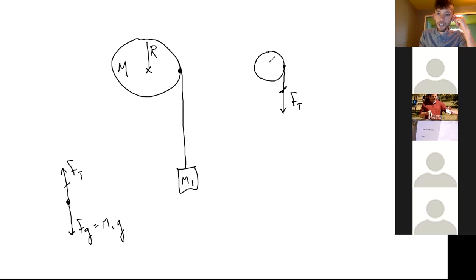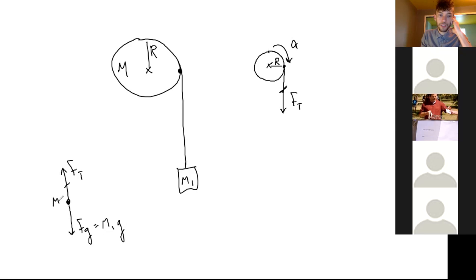This force of tension is located some distance r, the radius of the pulley, away from the axis of rotation of the pulley. So it meets the criteria to supply a torque to cause the pulley to rotate around like this. All right. So I can now write Newton's equations for these two objects.